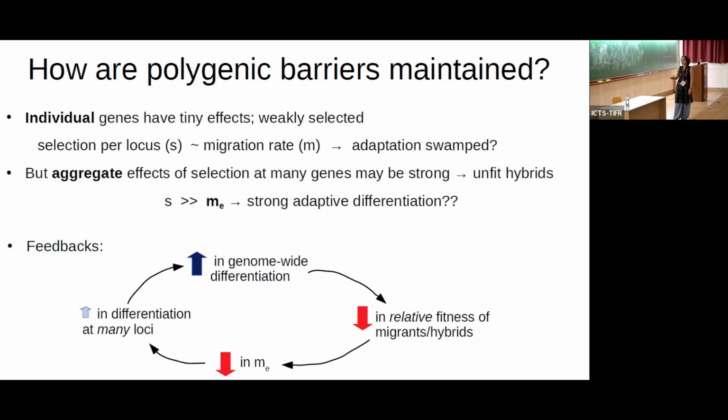And if the relative fitness of hybrids is low, this further reduces effective migration rates.